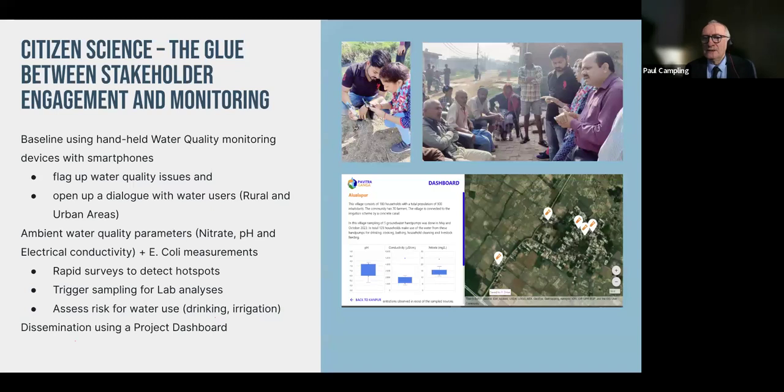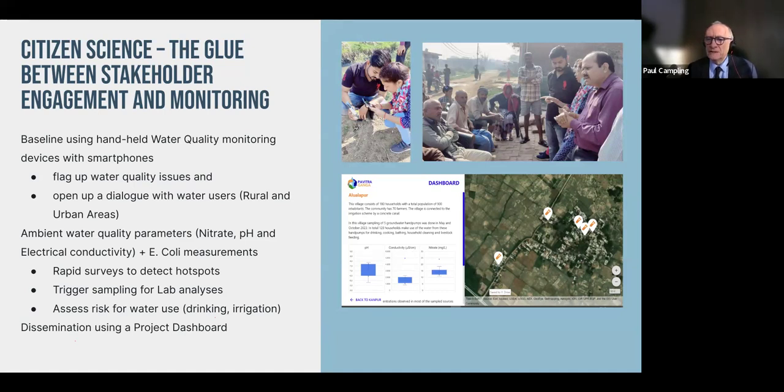As I said, we see citizen science as really being the glue between stakeholder engagement and monitoring, because we can use these easy to use techniques of handheld devices with smartphones to flag up some of the water quality issues in the irrigation scheme, and also to use it as a way of improving dialogue with water users.